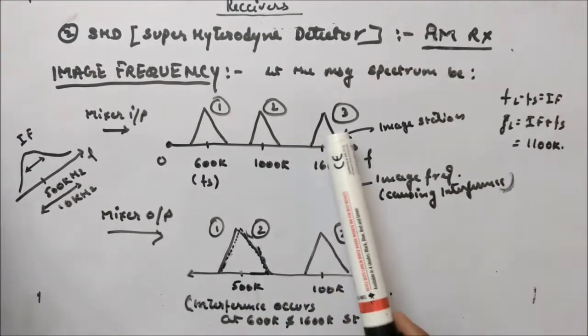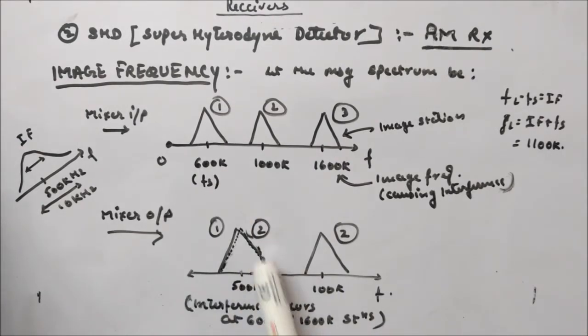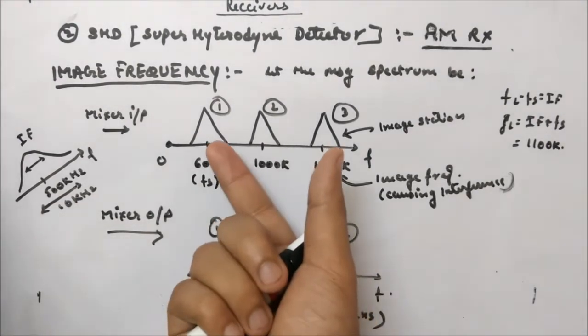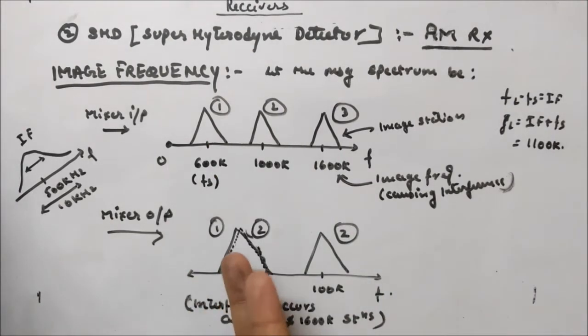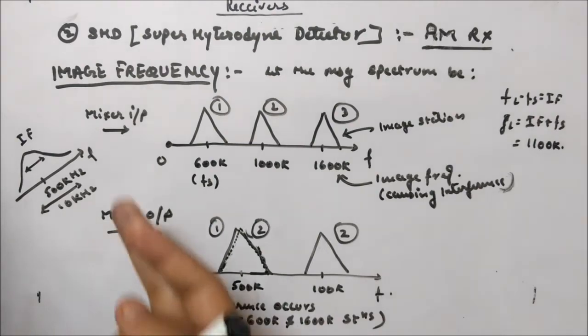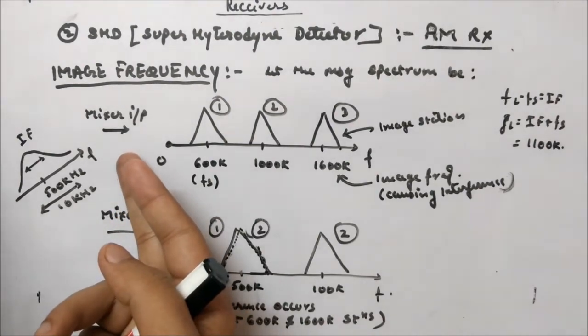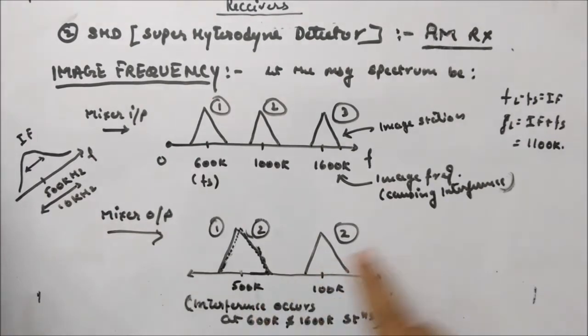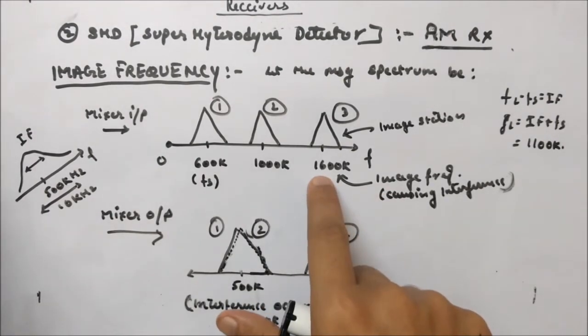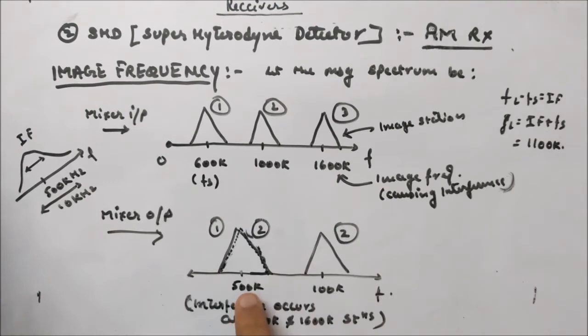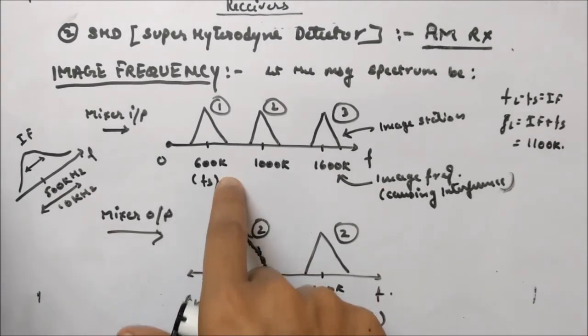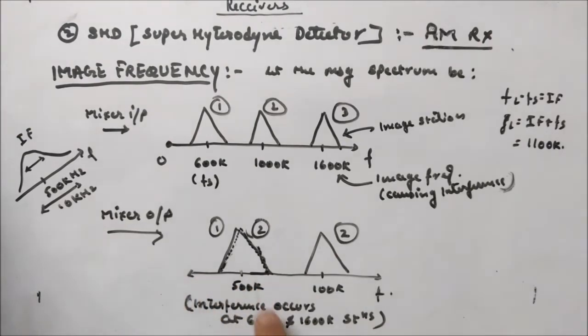So you can see this and this signal are getting the same bandwidth and center frequency of 500K. So this is as if message 1 and message 2 are interfering. You can see at the mixer output, which was not there before the mixer, this image frequency 1600K is causing interference with 600K, and we don't want this, because if this interference occurs, we won't be able to recover our signal back.